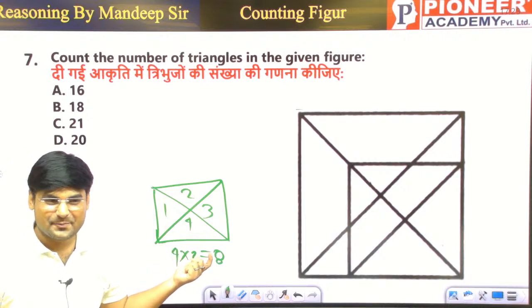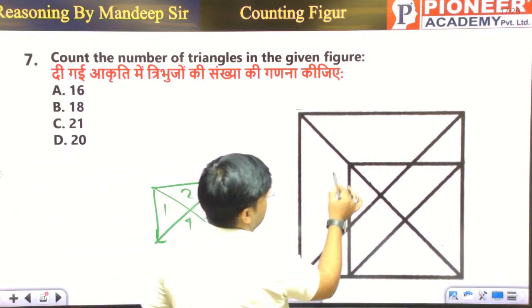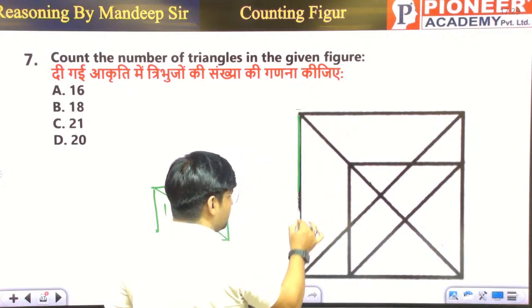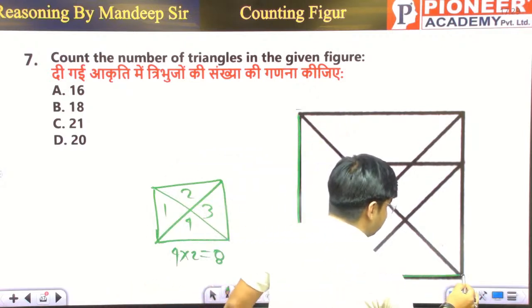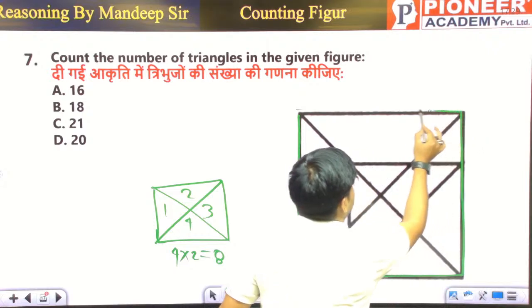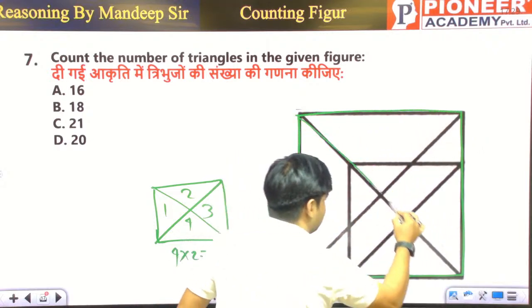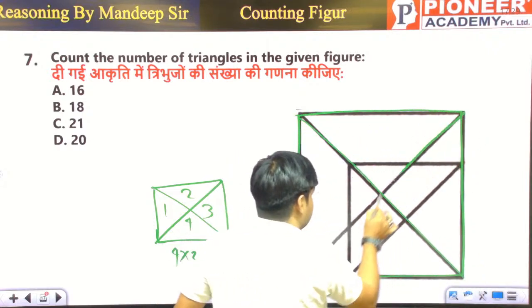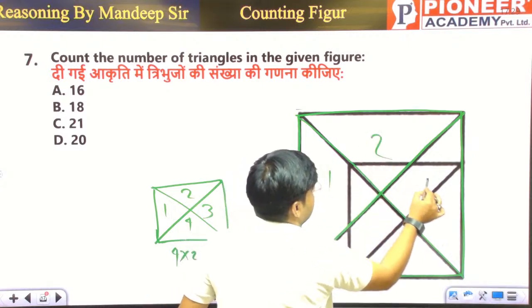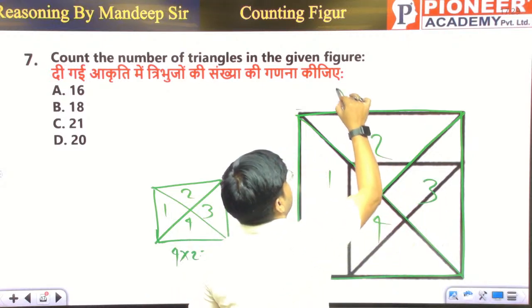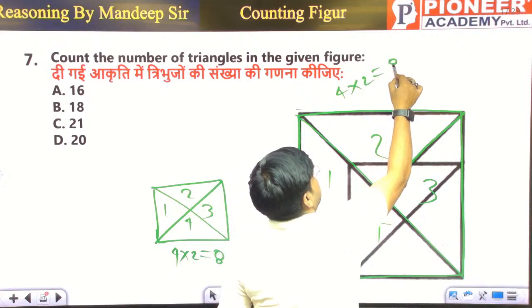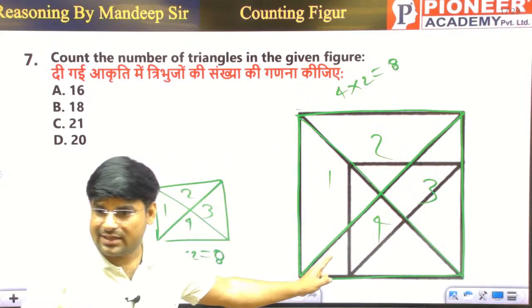Clear? If we see 1, 2, 3, 4, 4 into 2, there are 8 triangles.